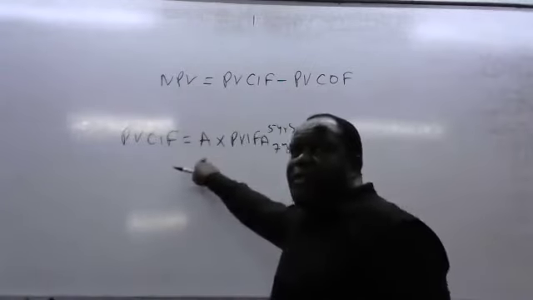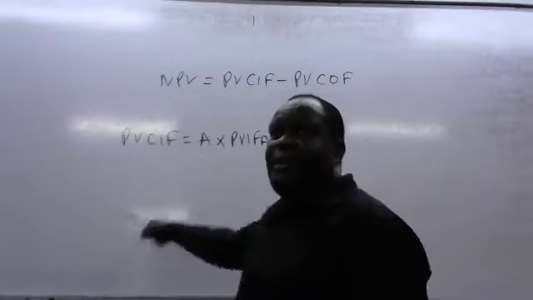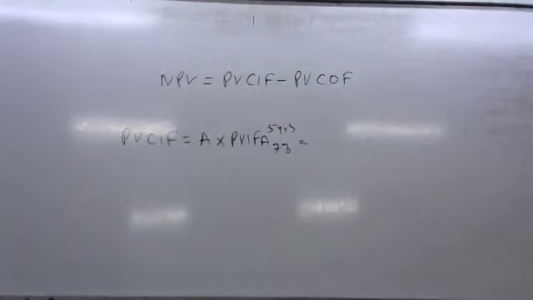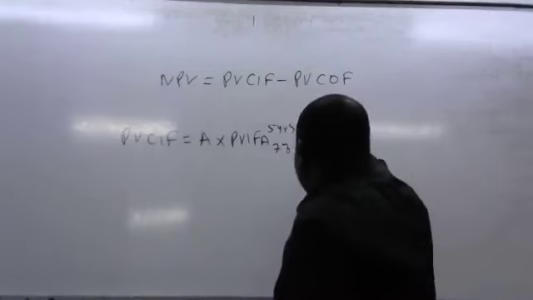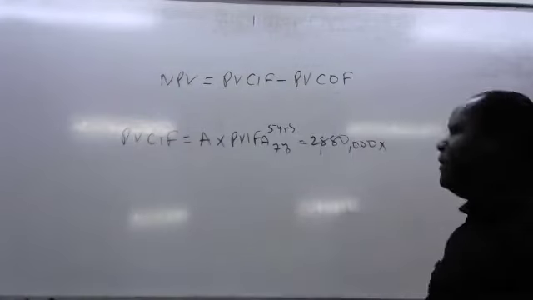The annuity is our Roman letter 2, the annual savings that we calculated. We got how much? 28, like that, so factor in the 3 zeros.